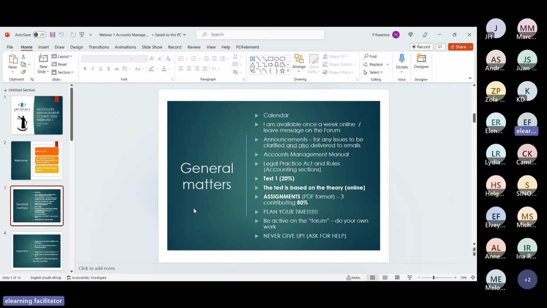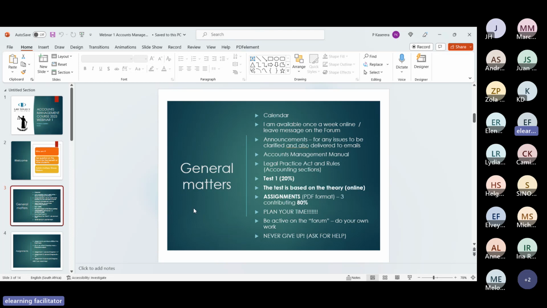We add up the marks for assignments 1, 2 and 3, divide by 300 and multiply by 80%. So we average them. Do not get swayed and say I can answer only 1 or 2. We want you to attempt all of them so that you can get practical experience and benefit from the course.